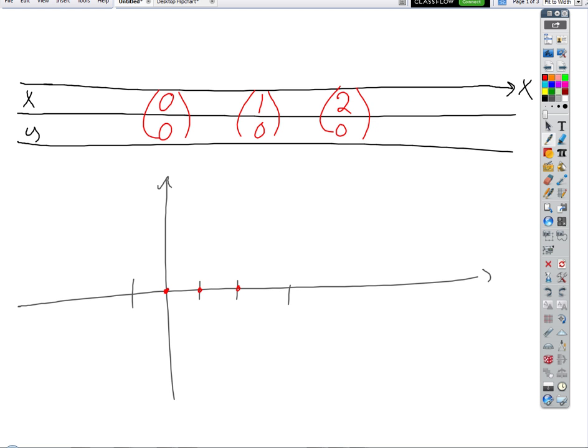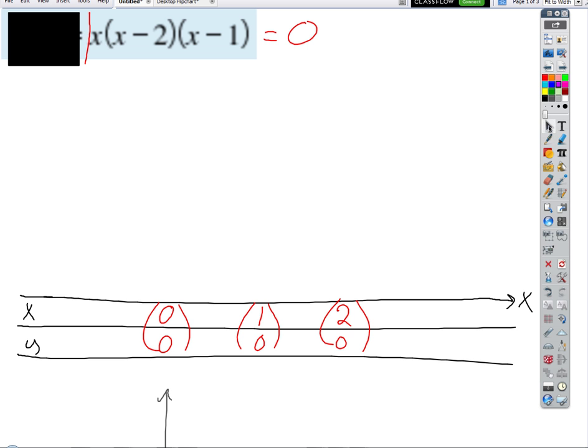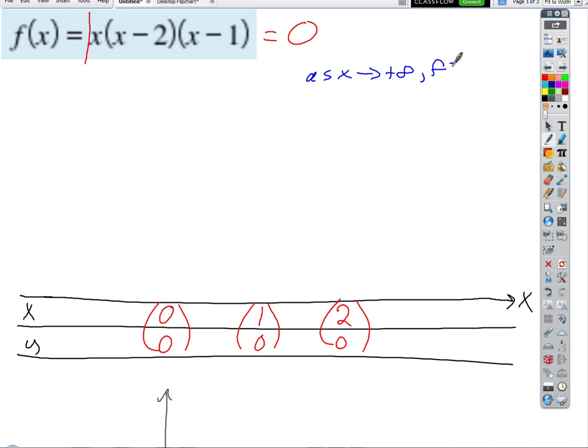Okay, so what else could we do? So let's go back now and figure out what the end behavior is, right? Let's say we want to know as x approaches positive infinity, f of x approaches what? Well, for a polynomial, isn't it? No, no, it's not.